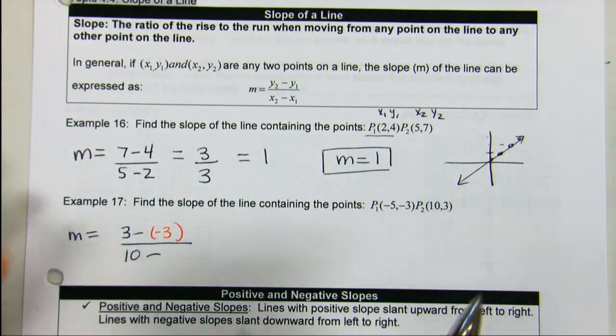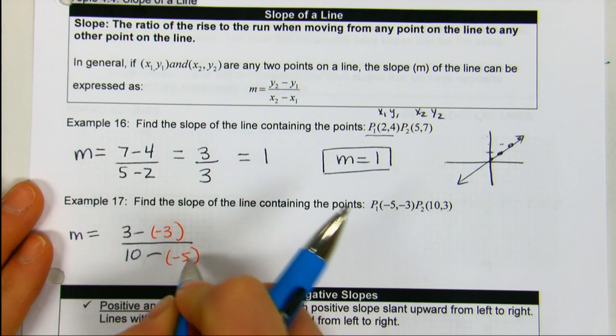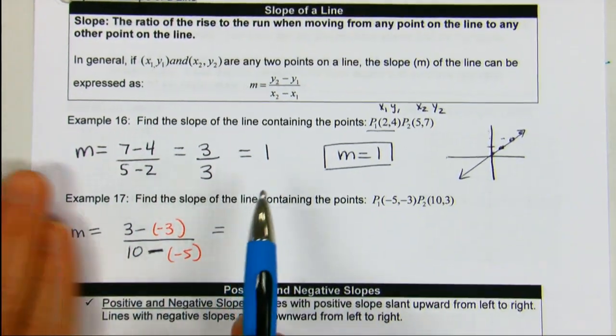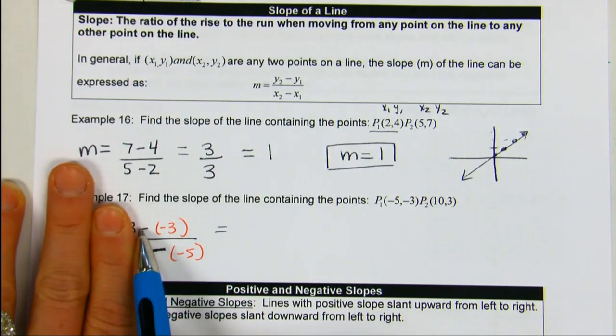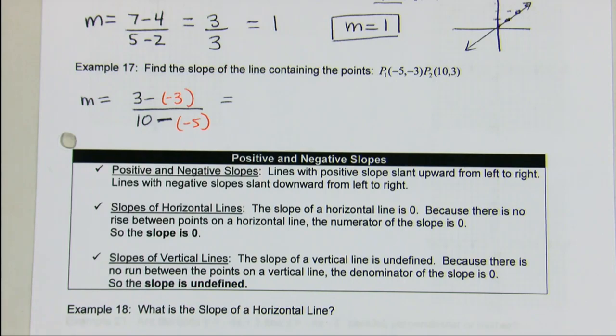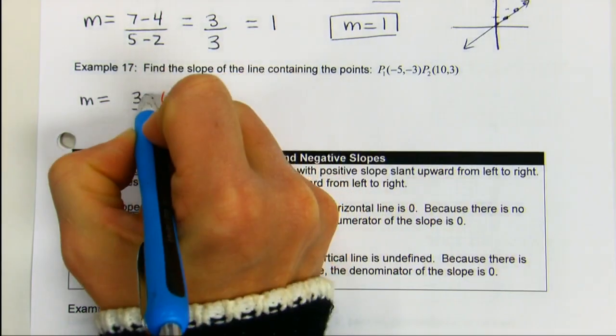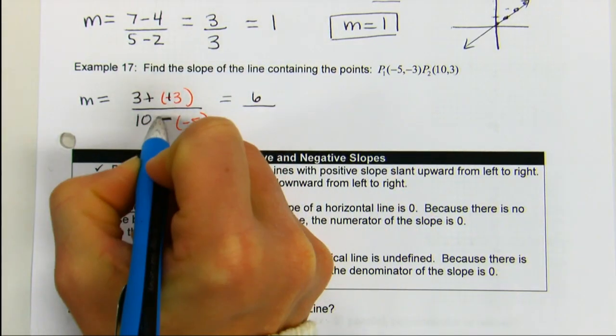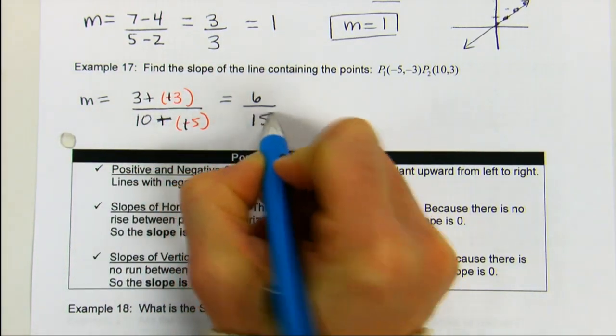And again, that is a negative, so negative 5. Okay, so remember your double negative rule. If you weren't looking at it like that, that's kind of like saying the opposite of negative 3. But hopefully you've memorized the fact that a negative and a negative means that they both become positive. So we have 6 over, again down here, they both become positive.